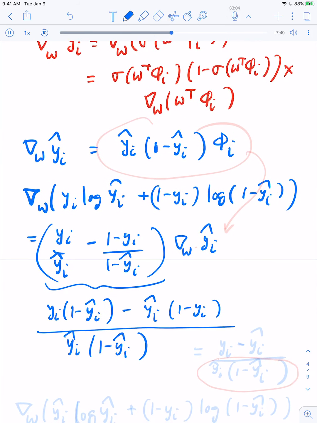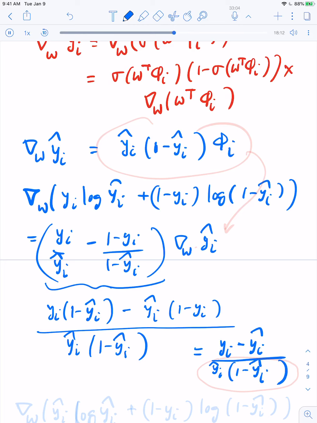And if I look at this, I have Yi minus Yi Yi hat minus Yi hat plus Yi hat Yi, so that cross term goes away. So this is going to be equal to Yi minus Yi hat divided by Yi hat times 1 minus Yi hat.